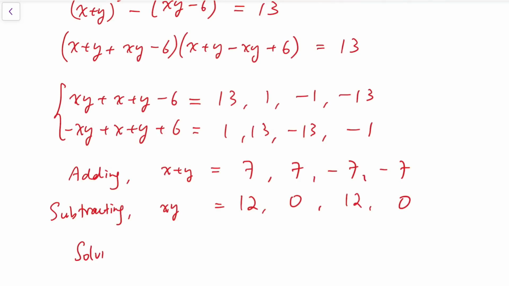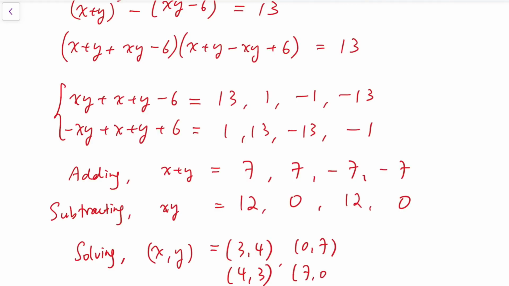So solving, we have xy in each case equal to either 3 or 4. Of course, you can swap them by symmetry. And then we have 0, 7, or 7, 0.